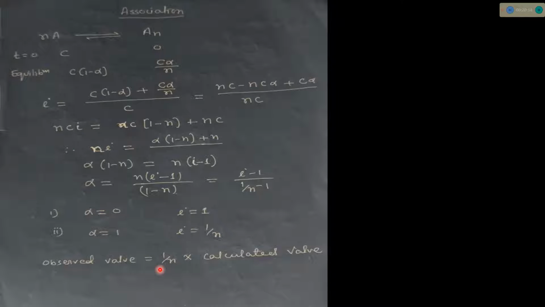N-mer means which mer: dimer, trimer, tetramer, pentamer. That value is n, the mer number, that is 2, 3, 4: 4 for tetramer, 2 for dimer. So from these calculations we obtain alpha equal to (i minus 1) by (1 upon n minus 1).